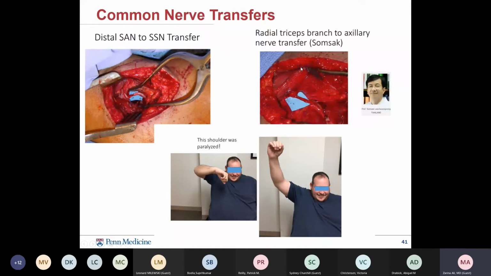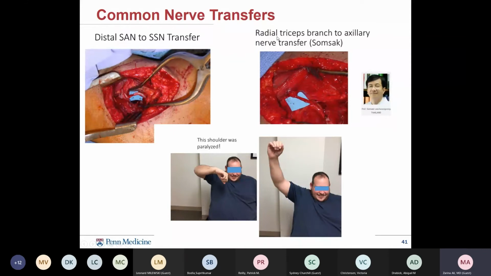Another great transfer is what we call the Samsa transfer by Professor Samsak in Thailand. This is a transfer where we utilize the radial nerve, which is functional in these patients, and co-opt that to the axillary nerve, which is not functional. So these are patients that have preserved elbow extension and have nice strong elbow extension, but poor shoulder abduction.